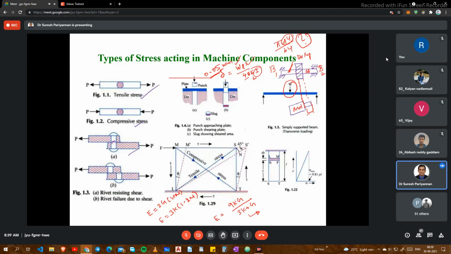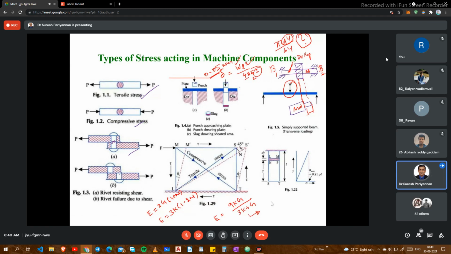Anyway, I will give you a small explanation. If you have studied a theory of elasticity subject, I hope you know this stress-strain relationship well. But we just touch on that information, then we go for further discussion.